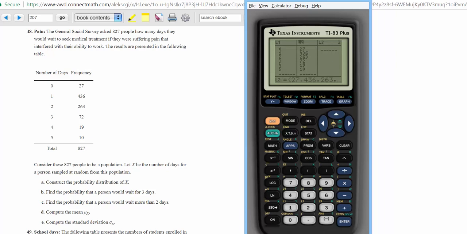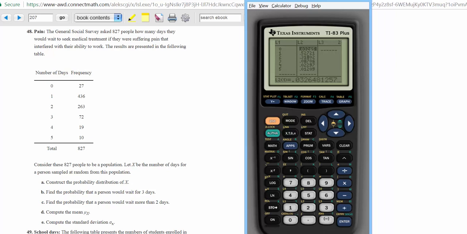There's an easy way of doing it. I'm going to go up here to L2, press enter, and do second L2 divide by the total, which is 827. And here they are. Here's my probability. Okay, you can see them.